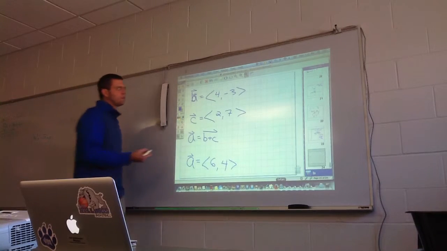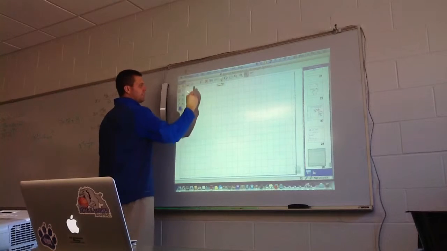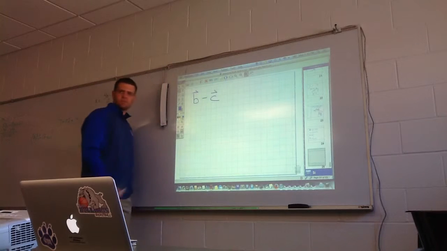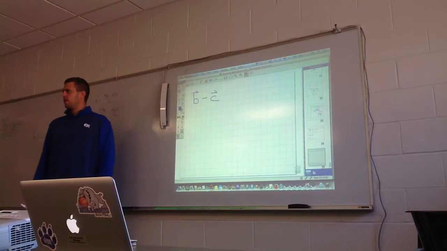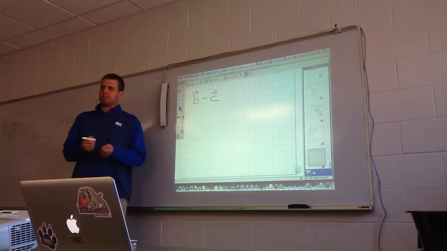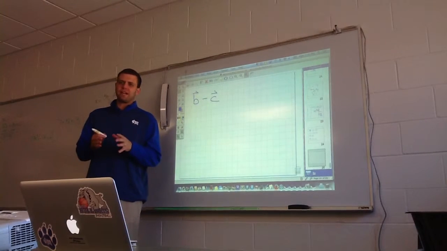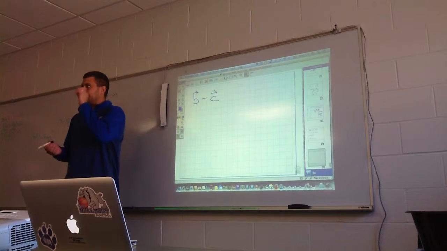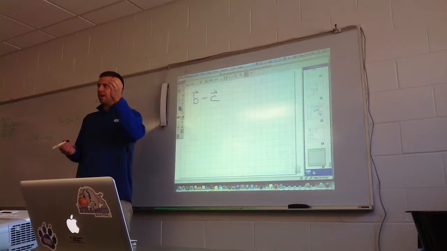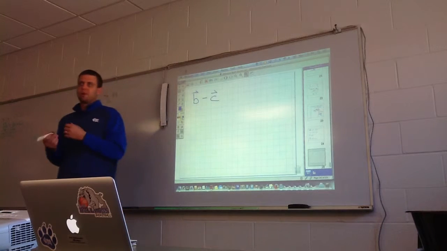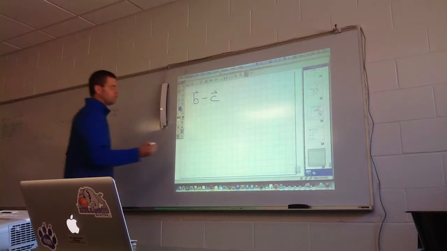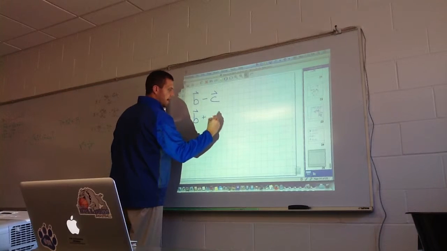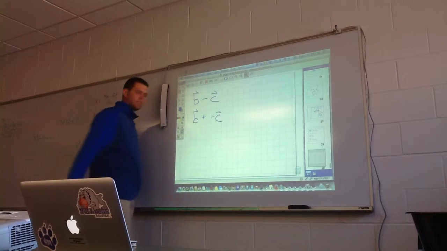So if I said to take vector B and subtract vector C, by subtracting a vector, it just means you're doing the opposite of that vector. Instead of subtracting, you add its opposite, like when you first learned how to work with positives and negatives. So really this is saying, take vector B plus the opposite of vector C.